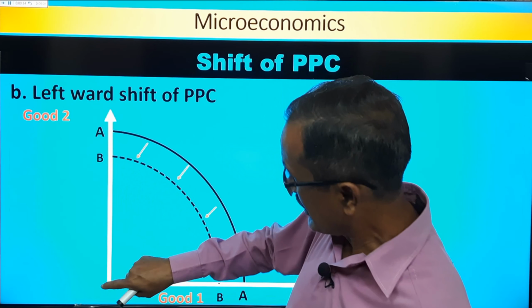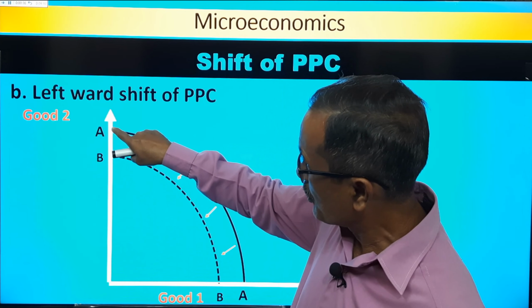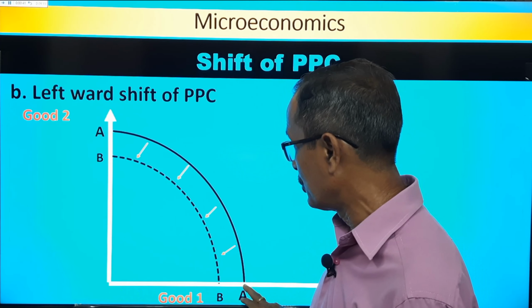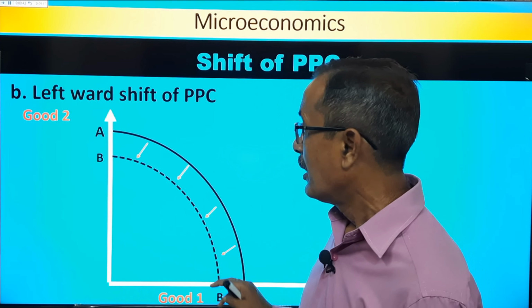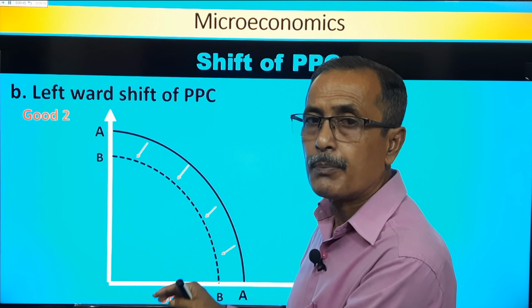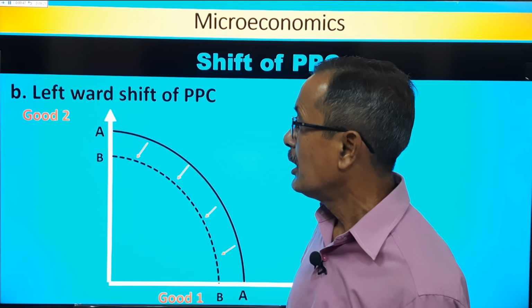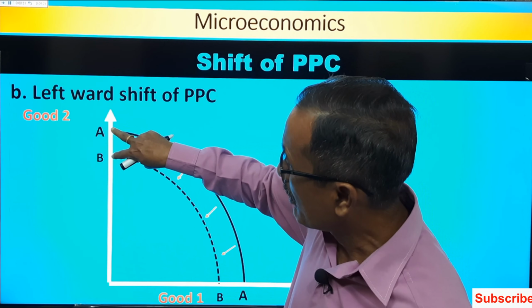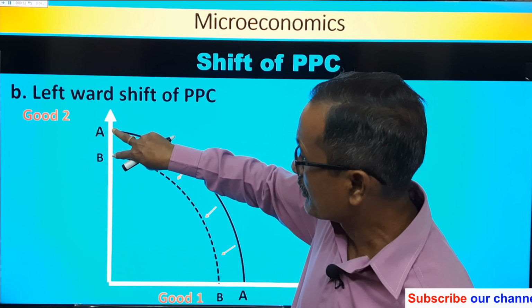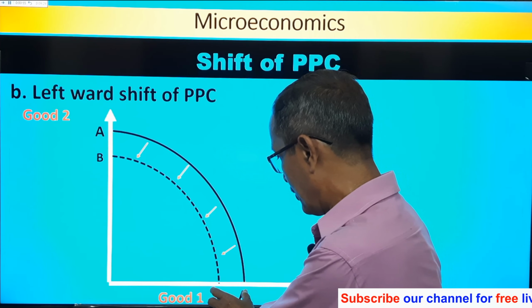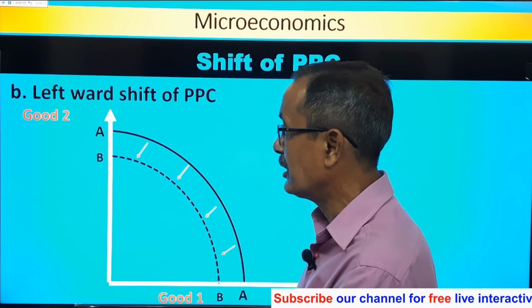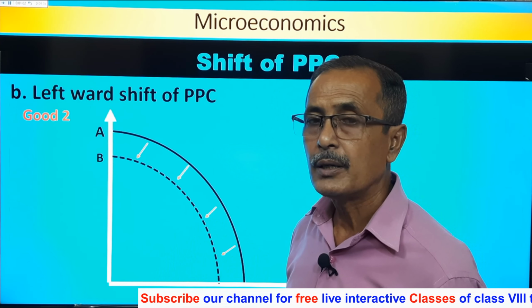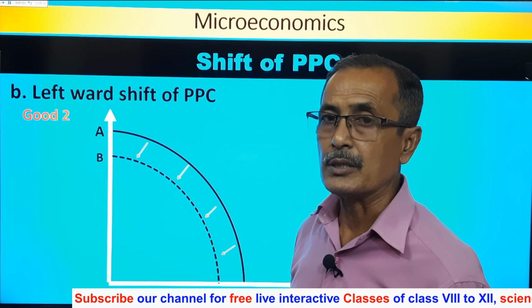So earlier you could have produced OA amount of good 2 or this OA amount of good 1. Now due to the shift of the curve to the left side, your volume of production of good 2 has decreased by this amount, AB. Means your production of both good 1 and good 2 decrease.